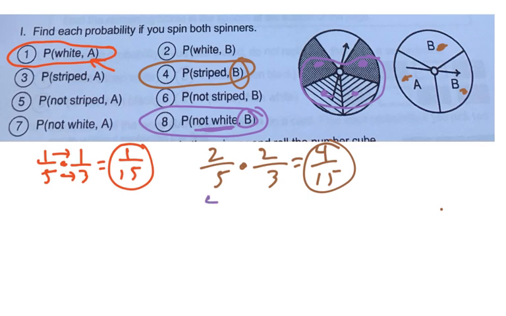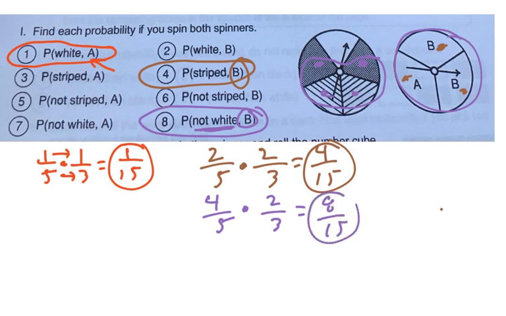So we would say we have a 4 out of 5 chance of not getting the white. Let's times that with, well, again, what's the chance of getting a B over here? Well, that's 2 out of 3 again. So times it together, that would be 8 out of 15. And there you have a nice little simple lesson on independent probability, guys.